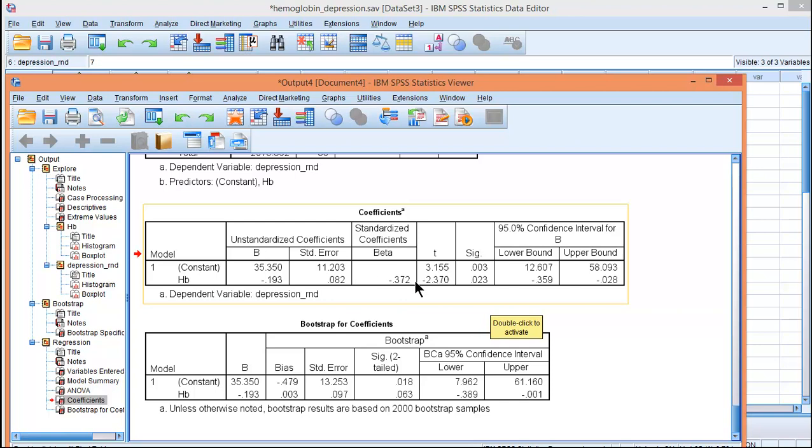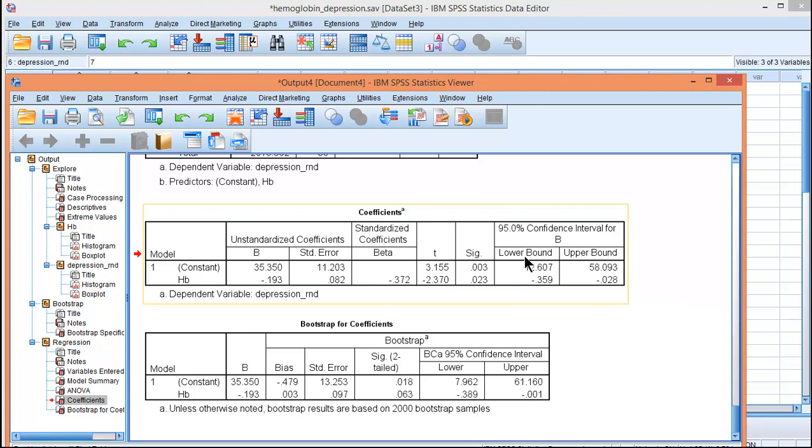There's not a separate p-value for each beta weight. They both have the same statistical significance in this table. And then we have the normal theory confidence interval here of negative 0.359 and negative 0.028. Because this confidence interval, the lower bound and the upper bound, are both in the negative territory and the point estimate's negative, we can declare statistical significance.